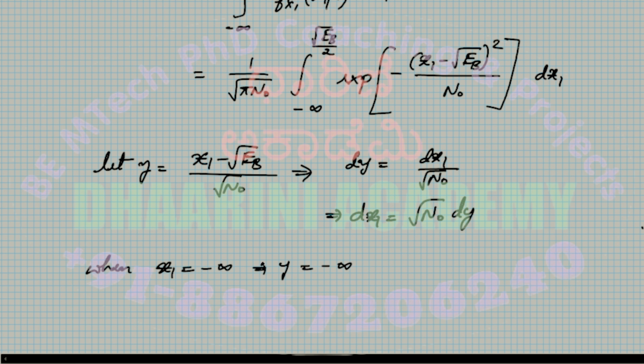So the lower limit will not change, but the upper limit might change now. So x1 is equal to root of Eb divided by 2. So what happens to the upper limit? Now y is equal to what is x1? The upper limit of x1 is root Eb by 2.